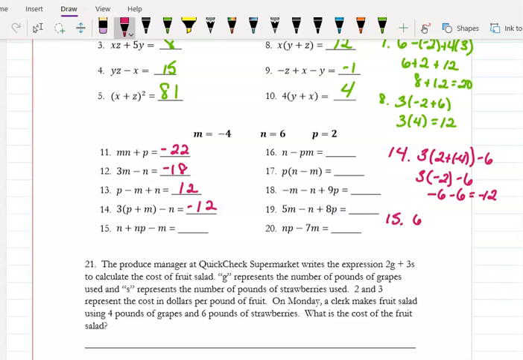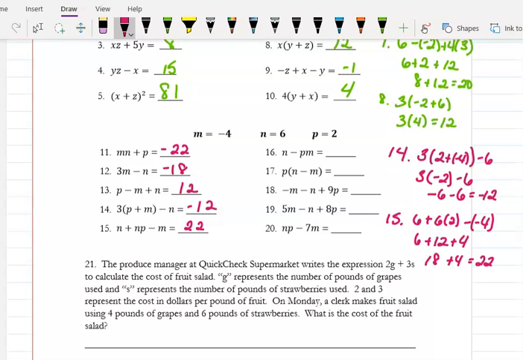So n is 6 plus n times p is 6 times 2 minus m, which is negative 4. Okay, so we have 6 plus, let's multiply. 6 times 2 is 12, and double negative is positive 4. Now left to right, 6 plus 12 is 18, plus 4 is 22.